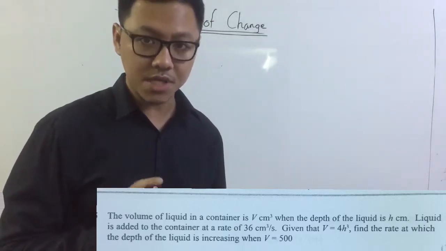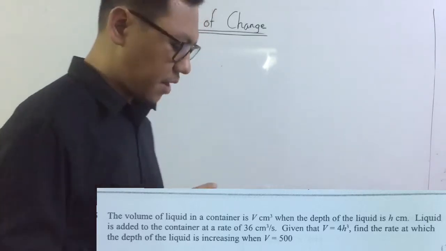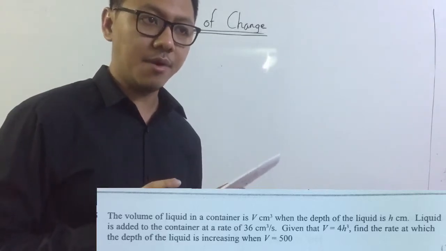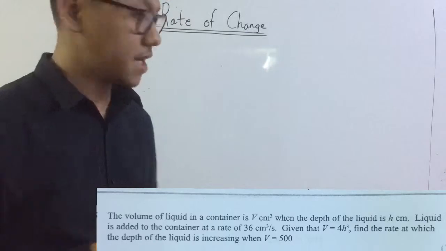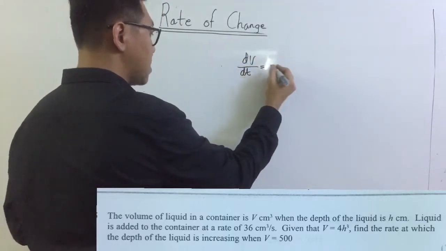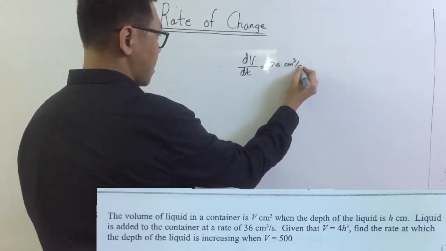So cm³ is volume. They are talking about rate of change of volume. Okay, so I'm gonna write that down. Rate of change of volume is, as I explained earlier, dV by dt, which is 36 cm³ per second.